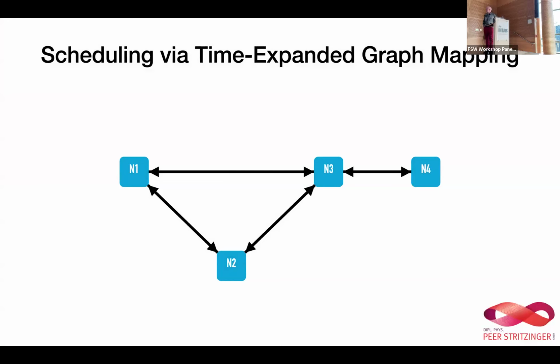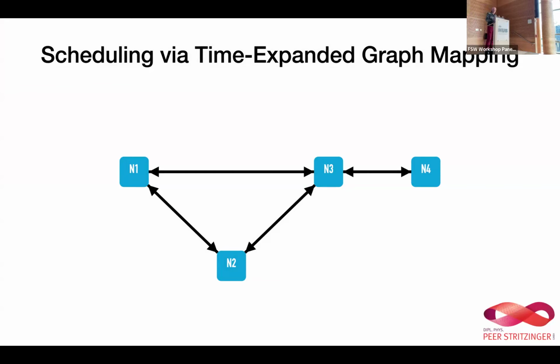So far we made our life a little bit simpler, because we had a static graph of a topology where everything is defined as rates. So there's a message rate and a bandwidth, and we map that. But in reality, especially in space, we also have scheduling problems, where we can't send every time, and our life is much more complicated because we have the time dimension to think about.